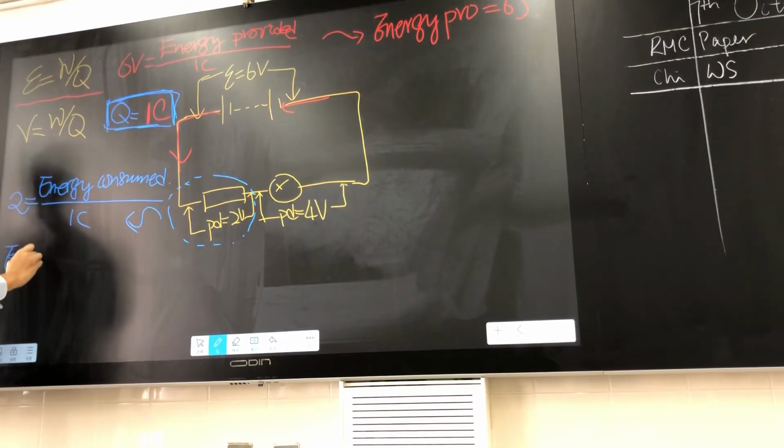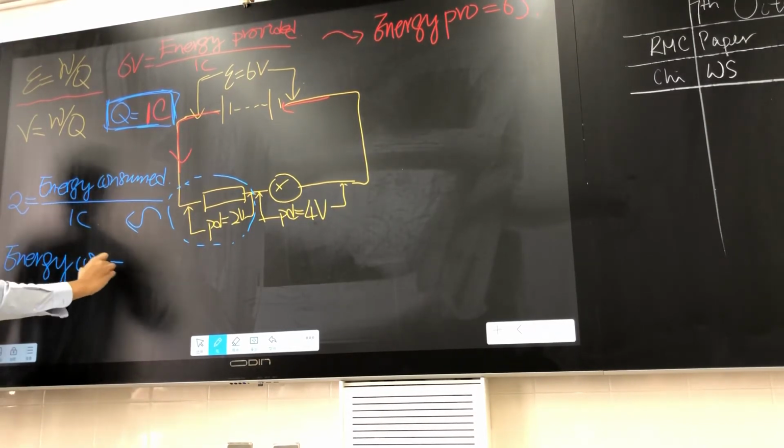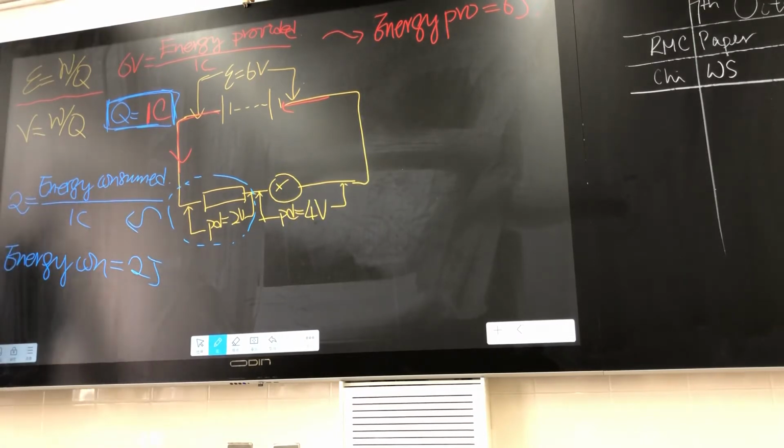So the energy consumed is 2J for this resistor.